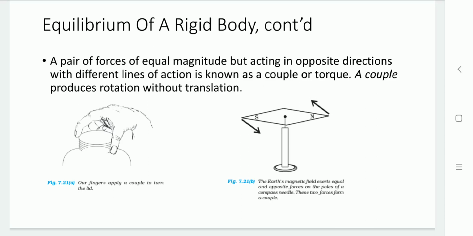It means translational equilibrium is available. In the second diagram, we are taking a magnetic needle in its magnetic field. The N pole and S pole move in opposite directions, but its translational equilibrium is available.